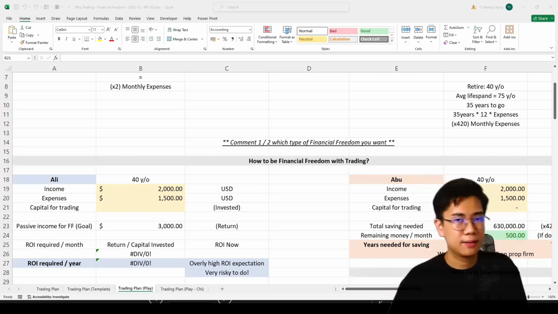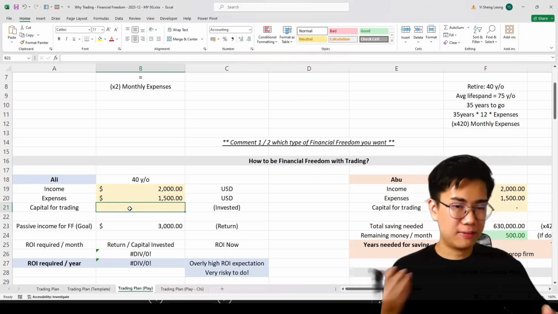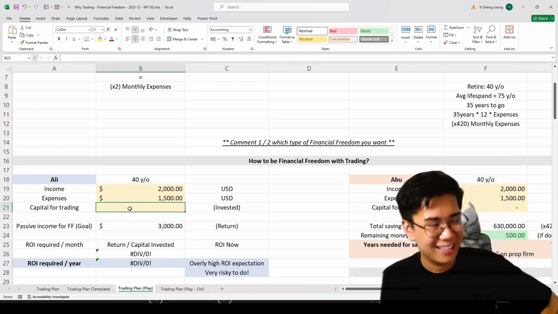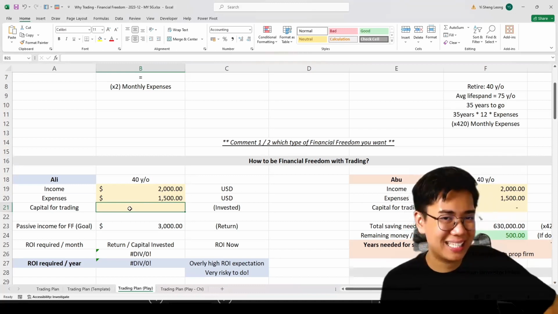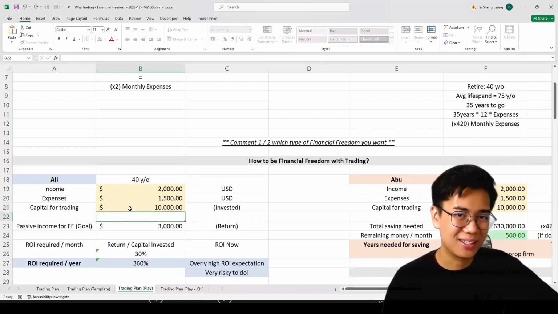How much? Anyone have an answer? Saving at the age of 40. 40k? 1k, in dollars, 1k is only like 4,000 ringgit. 10k, you have, right? 10k. Okay, fine.